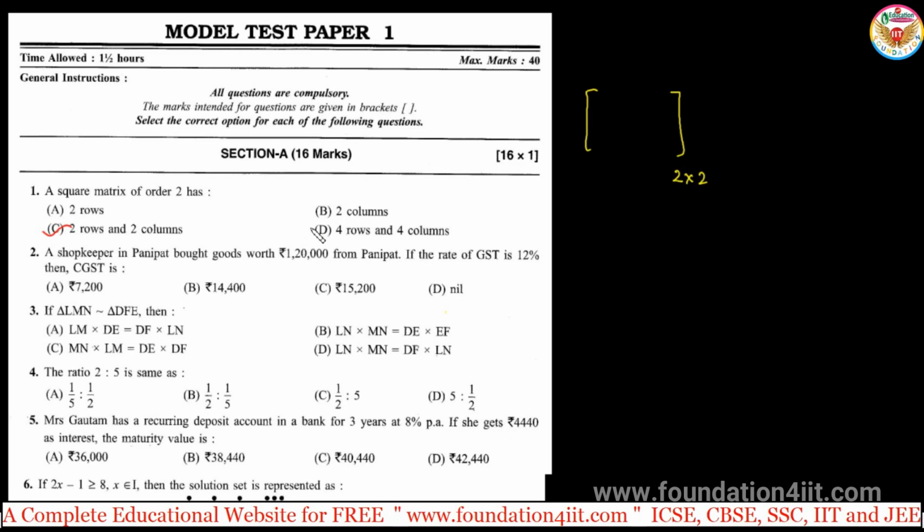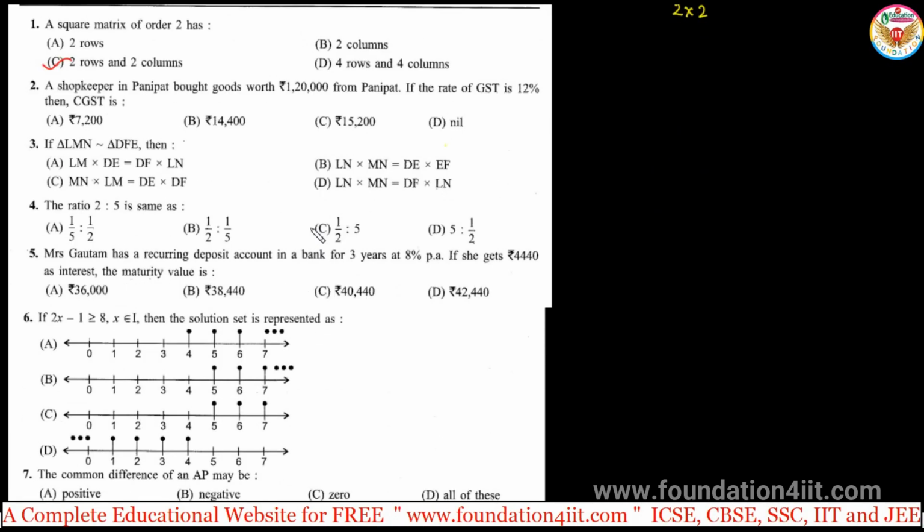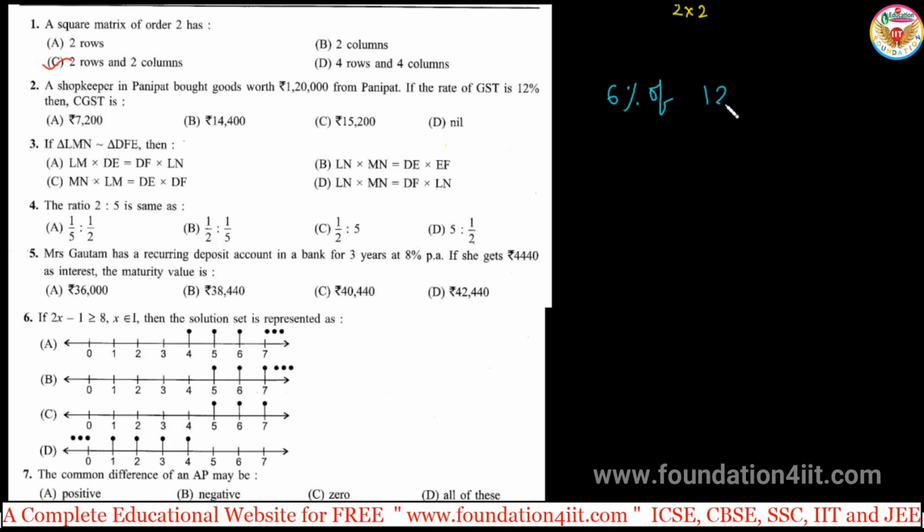Most of the questions you can answer straight away; only the calculations we need to solve. And next one: a shopkeeper in Panipat bought goods worth 1,20,000 from Panipat within the same state. If the rate of GST is 12%, then CGST is half of that, so 6%. 6% of the worth 1,20,000, directly can take.